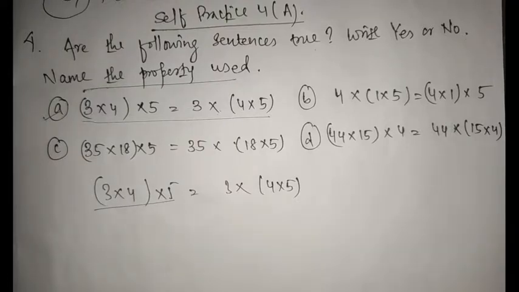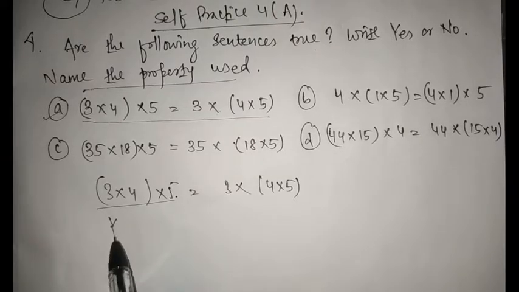The properties till number 3 are only for 2 numbers, multiplication with 2 digits. But here 3 numbers are getting multiplied. And the distributive property is also not fulfilled here, because we would have to break the number.